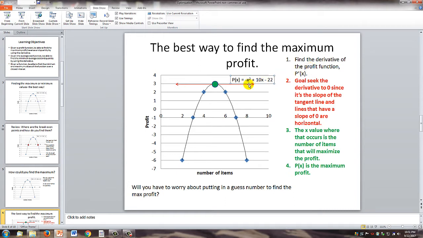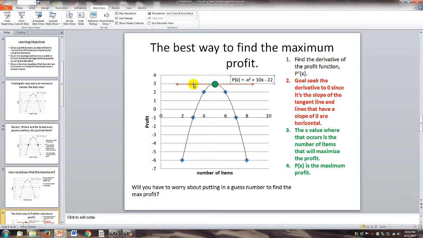And when you have a tangent line through a point and that tangent line is horizontal, that means that its slope is 0, because all horizontal lines have a slope of 0. So that means that if we take this derivative and then goal seek it to 0, we'll find a point where you have a horizontal line.